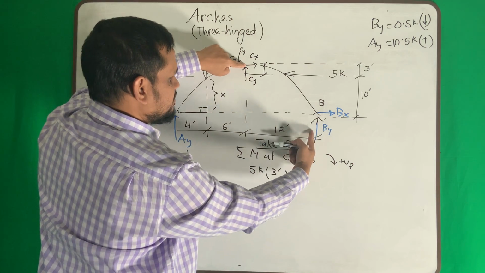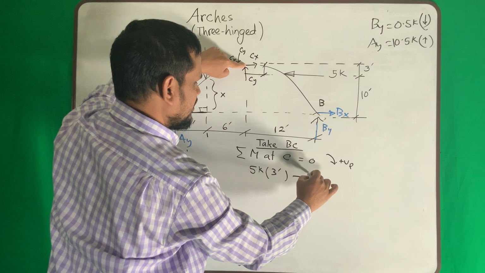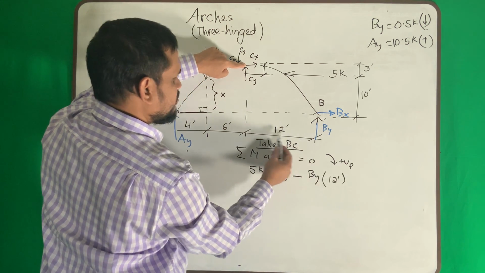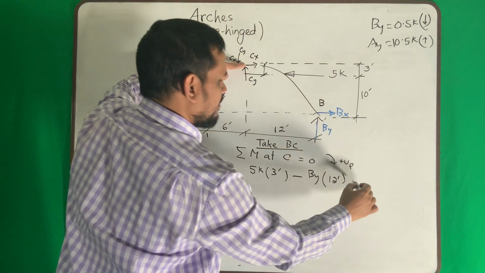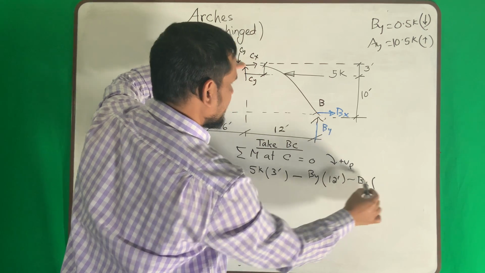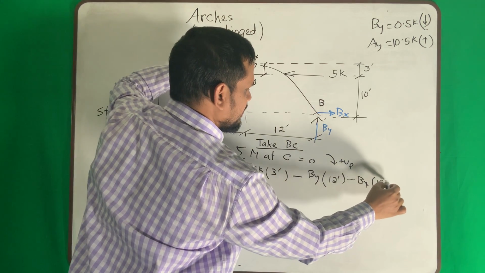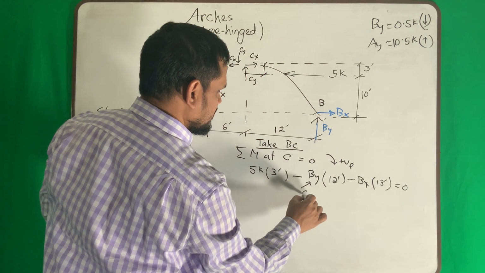Then my next force is By, it will give me counterclockwise moment, so By times 12 feet. This is my distance. Then Bx again will give me counterclockwise moment, and distance will be for Bx this distance, so 13 feet equals 0. What is the value of By?